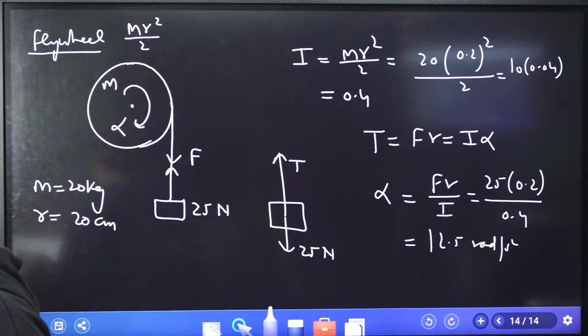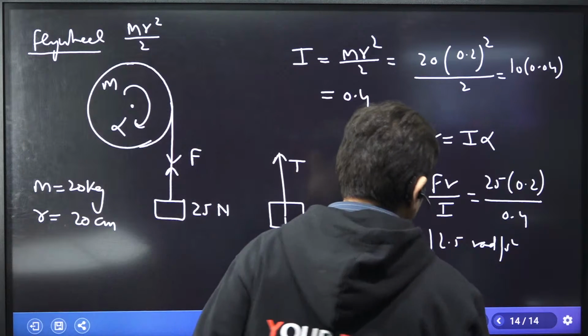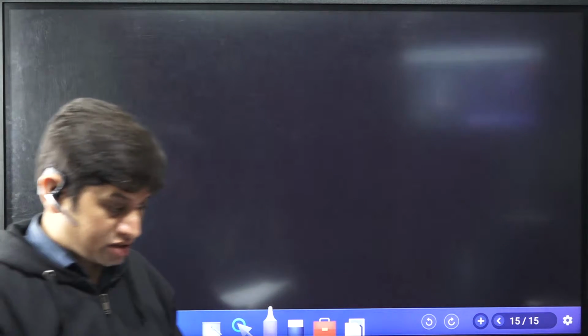Okay, so let me see if we have done some kind of questions here. Let me ask you this question, which is going to be the last question for the day. And the question is good.